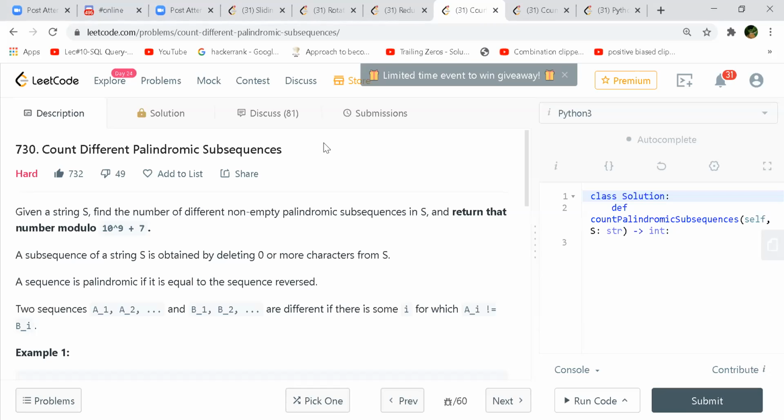So there will be two cases: the extreme endpoints are the same character, and the extreme endpoints are not the same. If they are the same, this means that they can form a palindrome, and then we need to again look at the middle characters between both extreme endpoints.